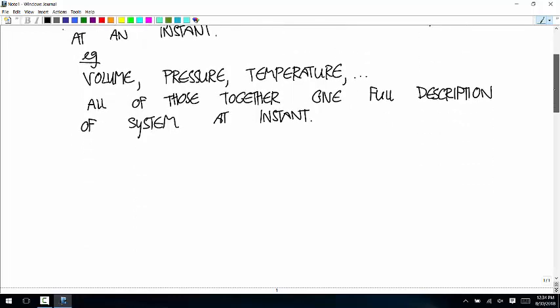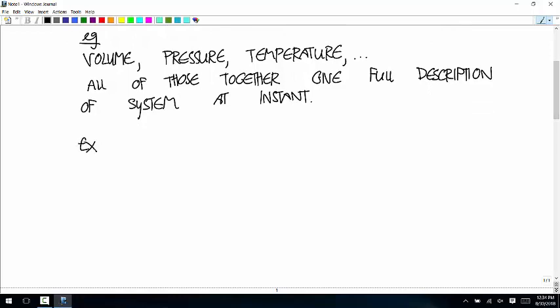Okay, so let's go through sort of an example, the kind of thing that we'll be dealing with.